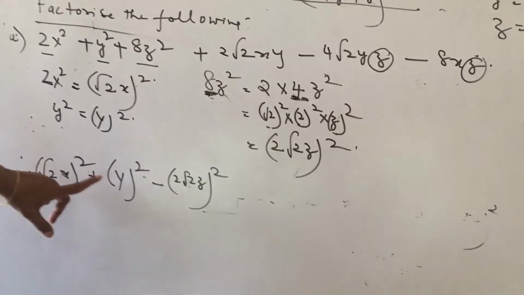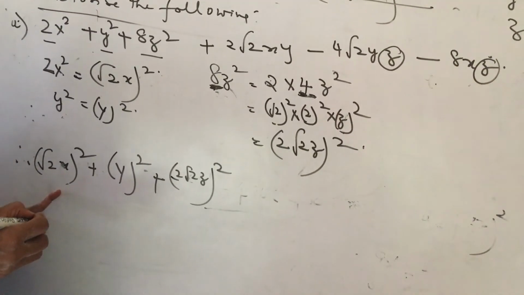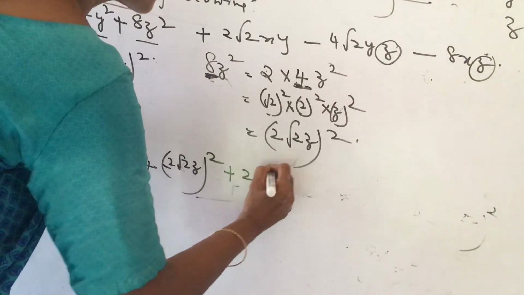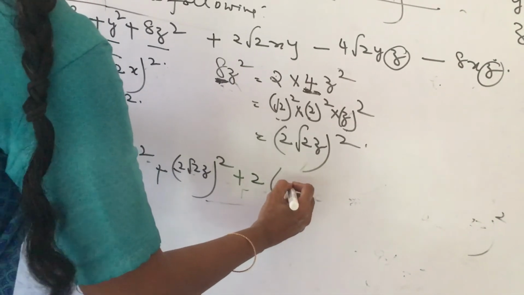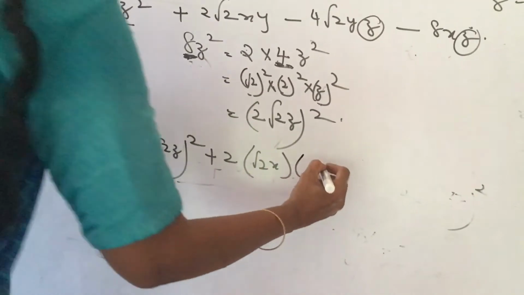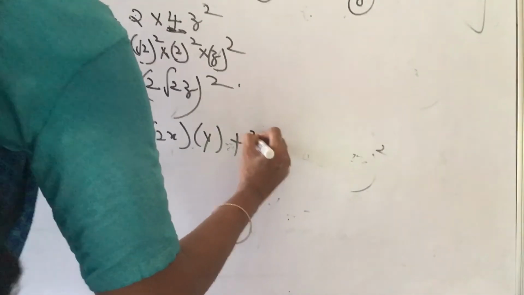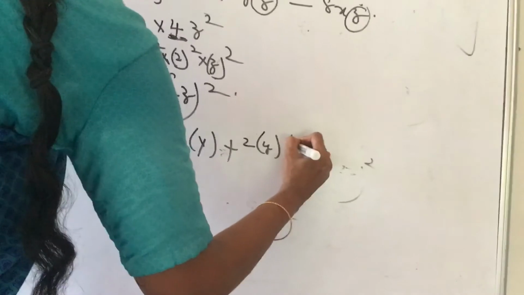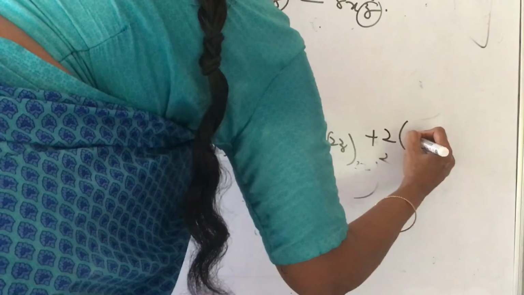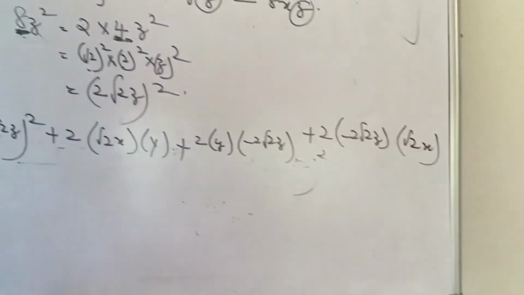A square plus b square plus c square, like x square plus y square plus z square plus 2xy. What is x value, children? X is equal to root 2x, into y, 2xy plus 2yz, 2 into y into minus 2 root 2z, plus 2zx, minus 2 root 2z into root 2x.